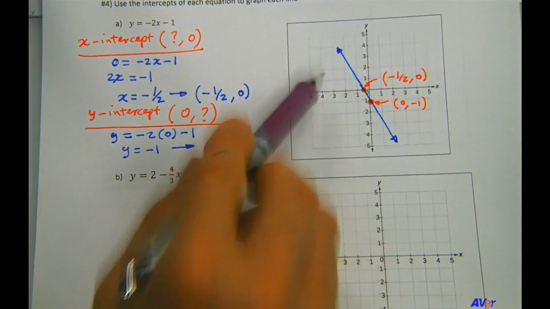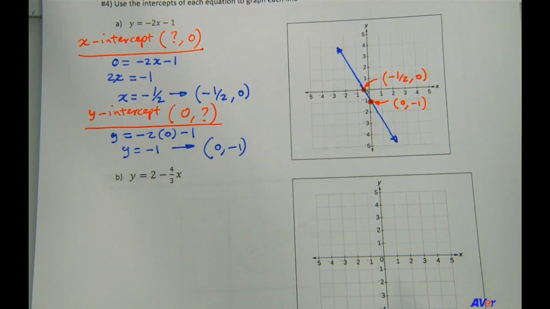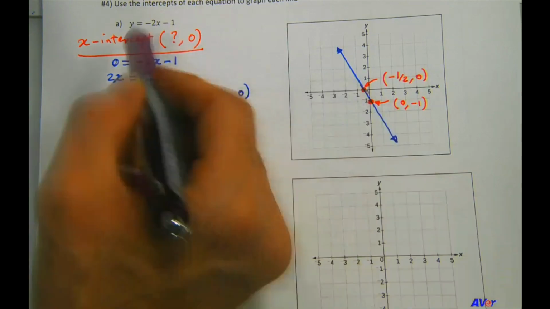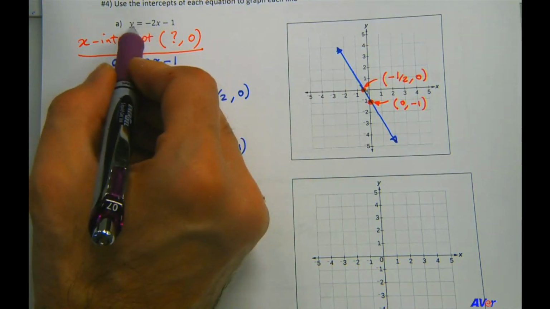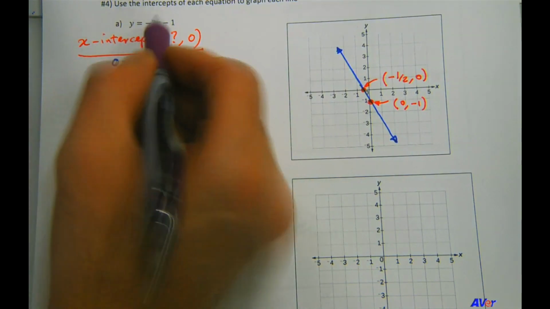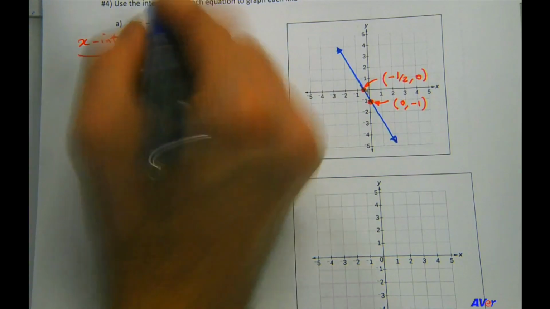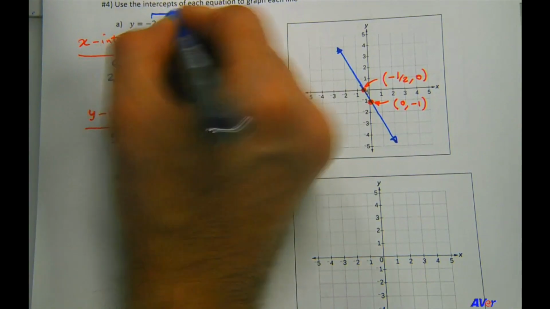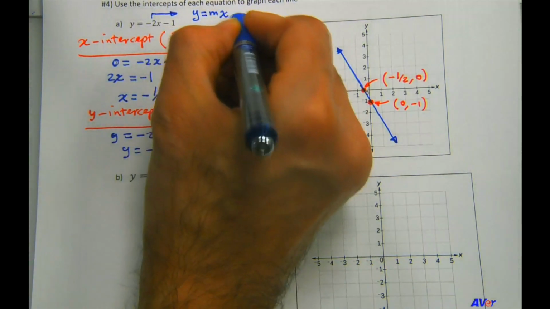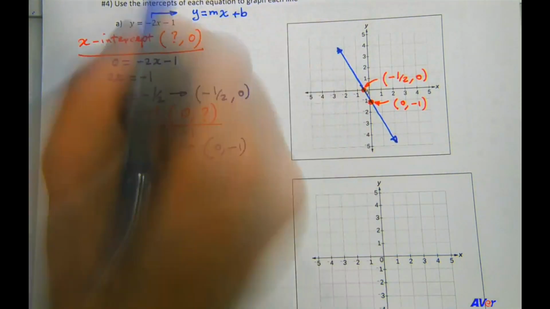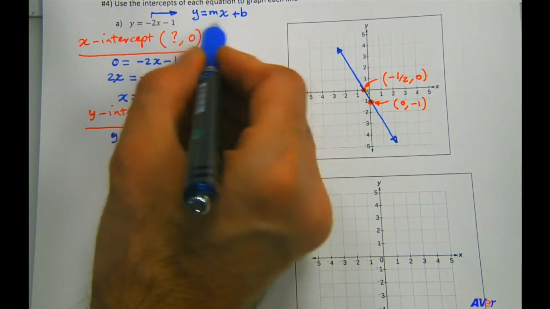So does this line make sense? I mean, does it make sense given this equation? The answer is yes. Why? Because look at the equation we have, it's in which form? It's in slope-intercept form, right? Y equals mx plus b. Remember that? This equation is in this form.